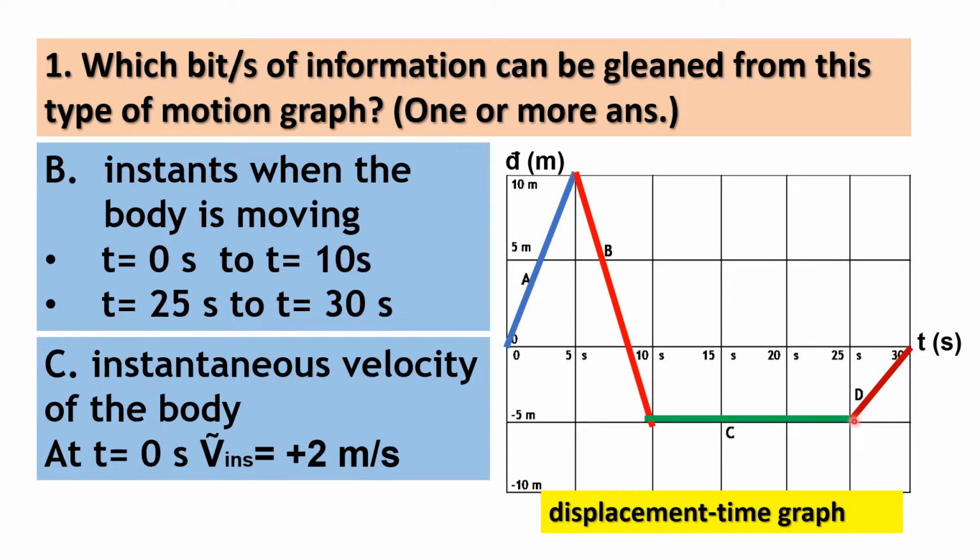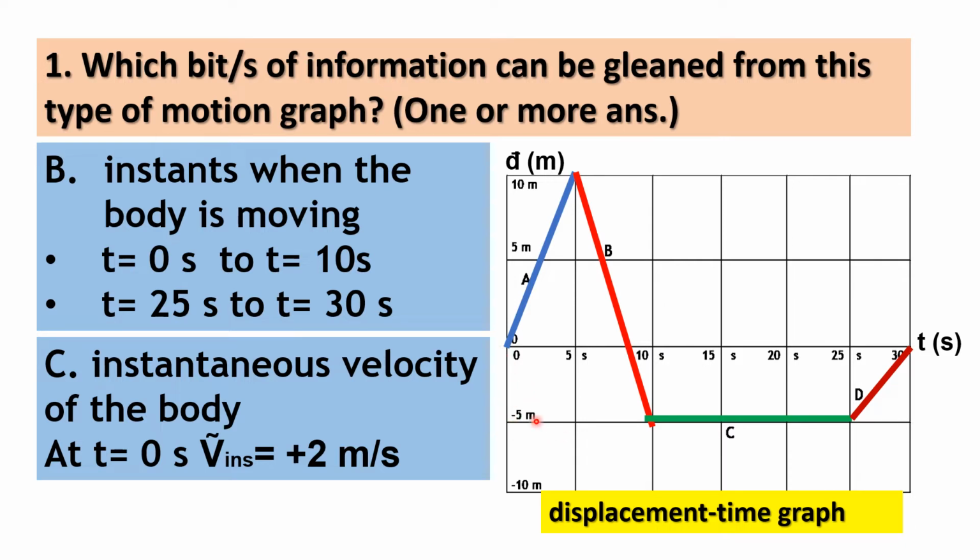From time 25 seconds until 30 seconds, what is the corresponding final displacement at time 30 seconds? It is 0. And what is the initial displacement? It is negative 5. So when we get the delta D, it would be 0 minus negative 5.